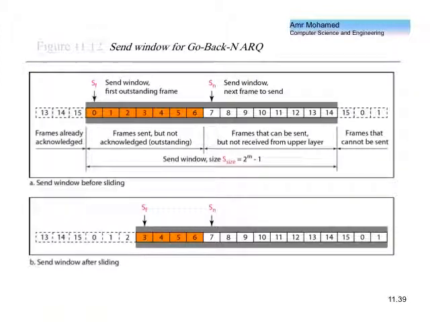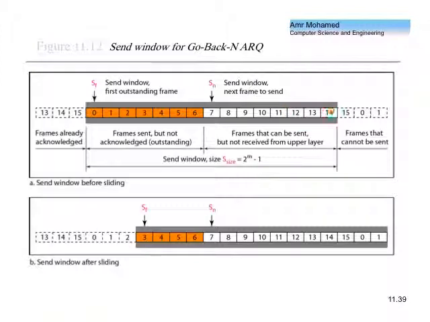So this part are frames that have been already sent, but no acknowledgement has been received yet. That's why they are still inside the window box.